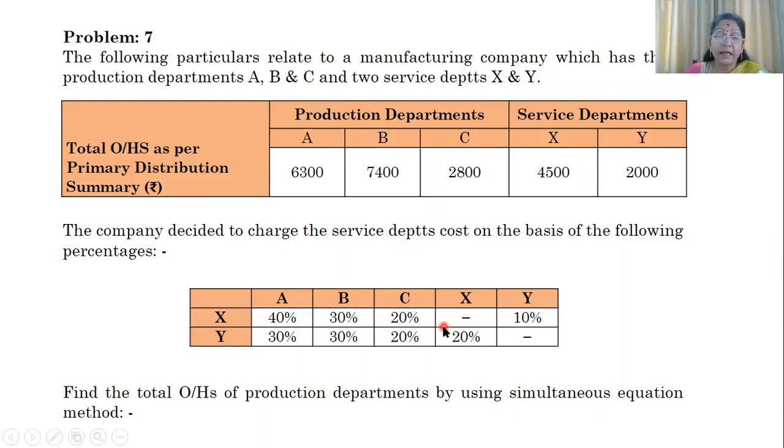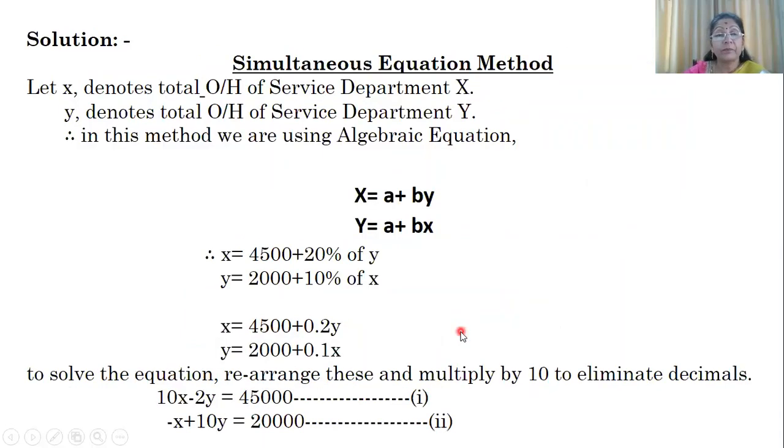For more clarity, let me do the problem. We are doing the problem under the simultaneous equation method. Let X denote the total overhead of service department X, and let Y denote the total overhead of service department Y. We have to frame the equations.